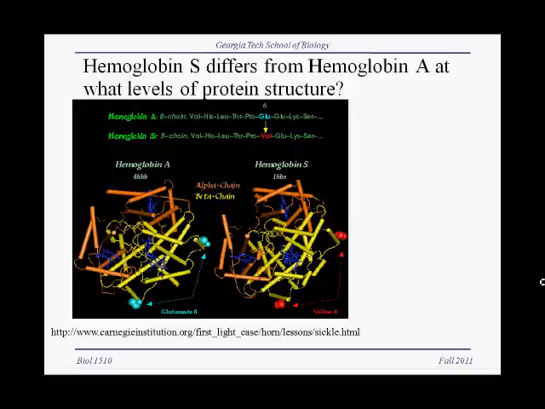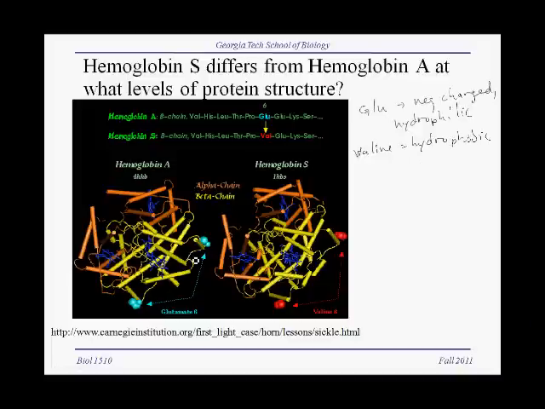So what's the big deal? Glutamic acid is negatively charged, and therefore very hydrophilic. Valine is a very hydrophobic amino acid.